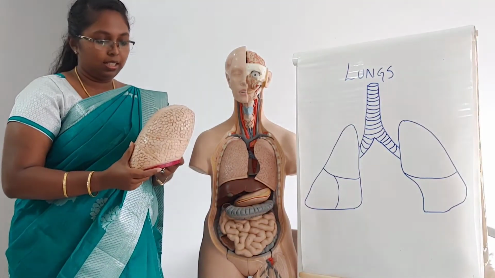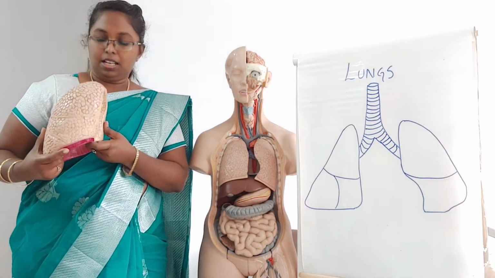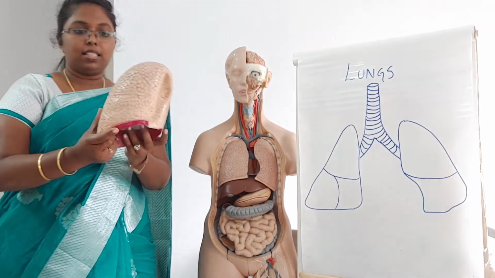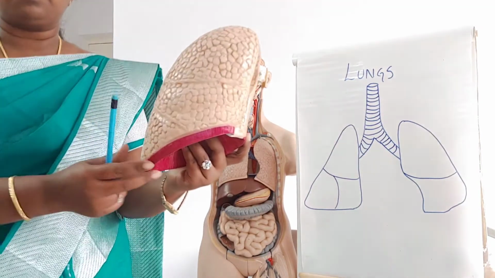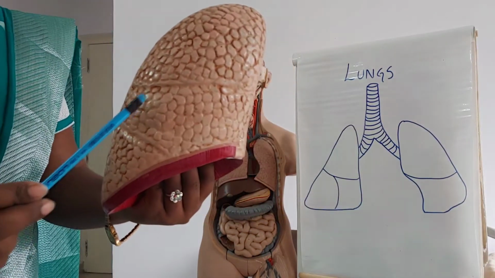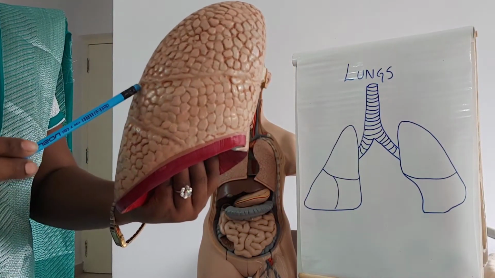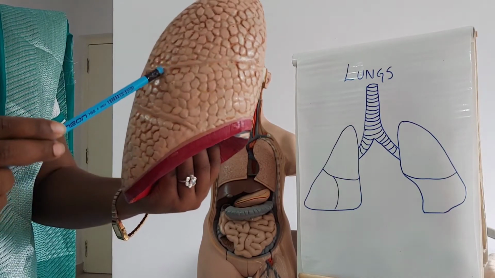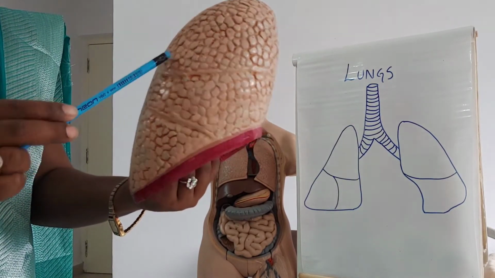If you see, this is the right lung. This shows that there are fissures. The curve-like substance is a fissure which is cutting the lungs into lobes.